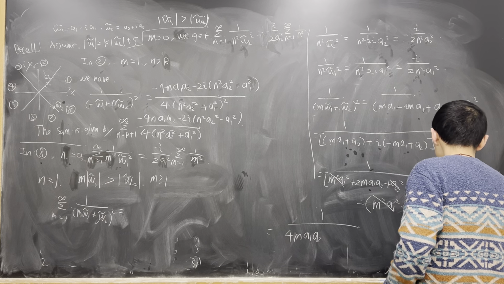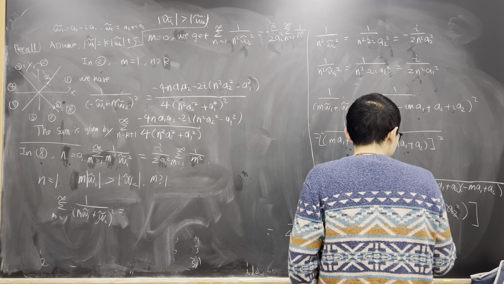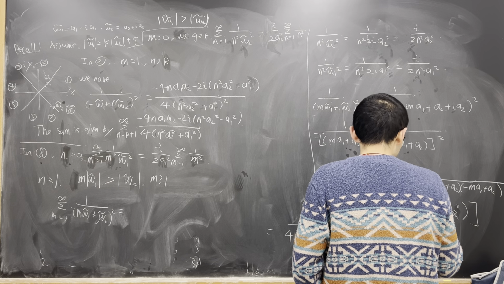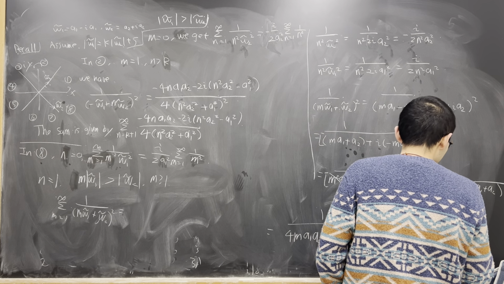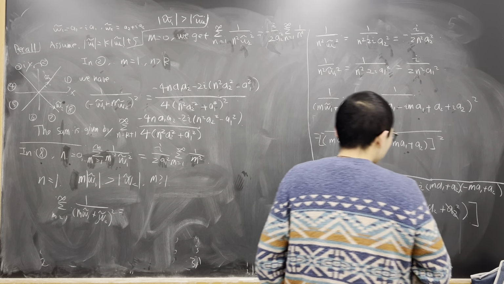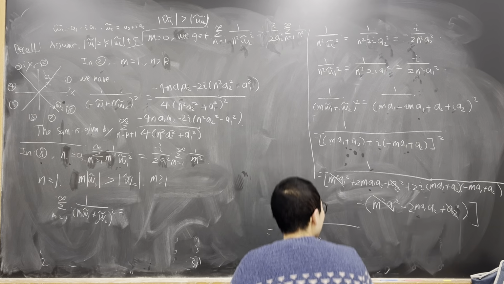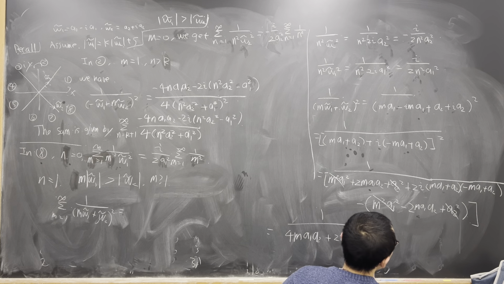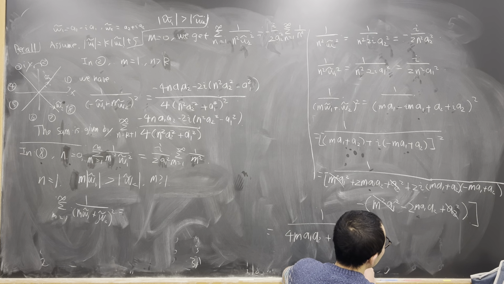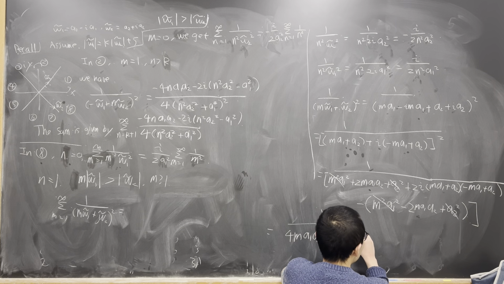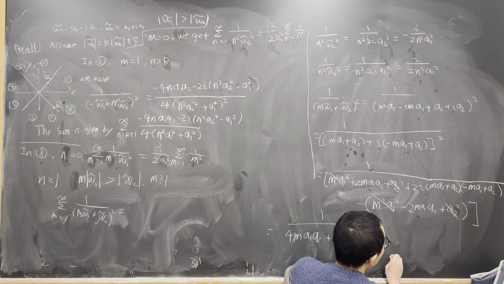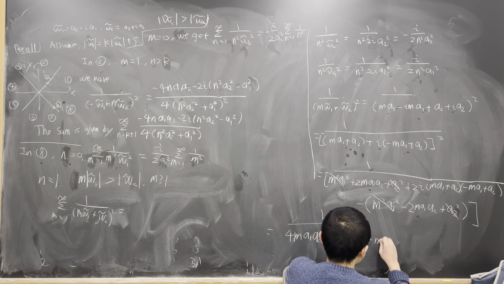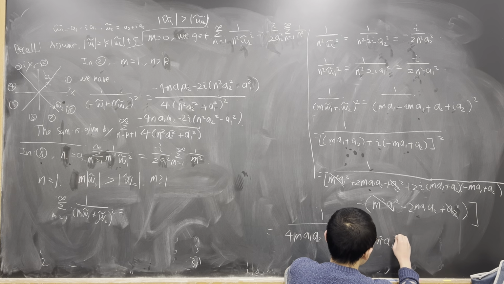So plus, so this is the imaginary term. Again, I will expand these imaginary terms. Oh, so this is again a perfect square. So here, let's just write it in terms of a2 squared minus m squared a1 squared.